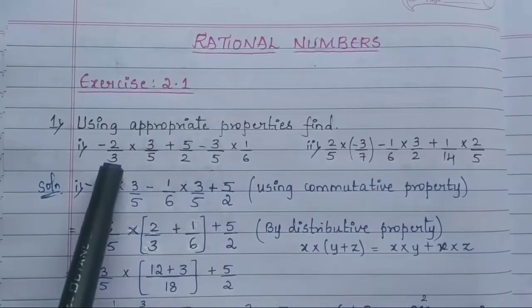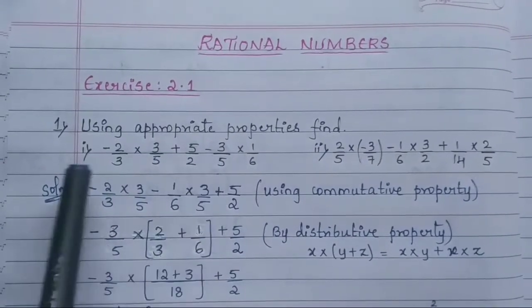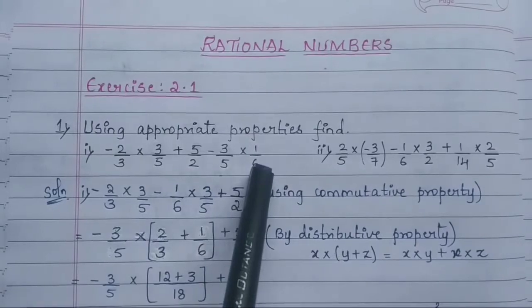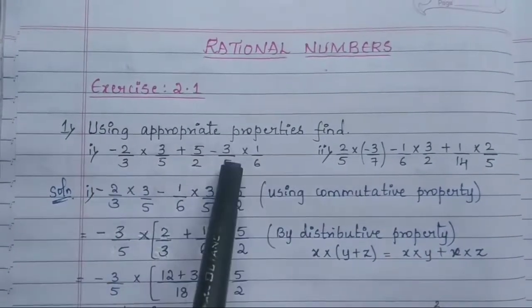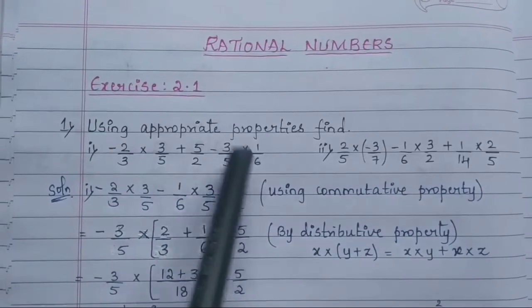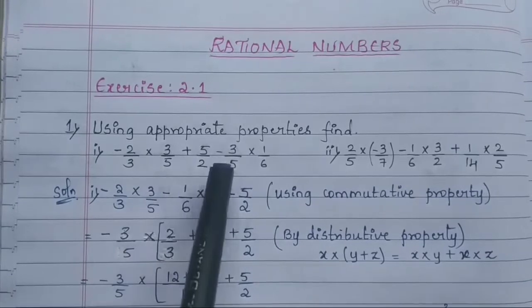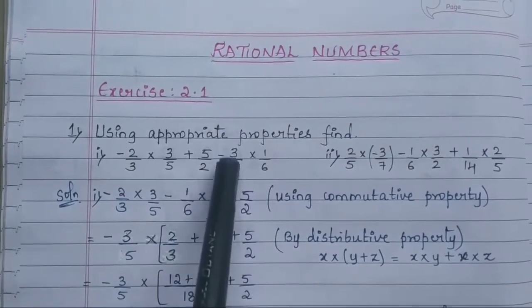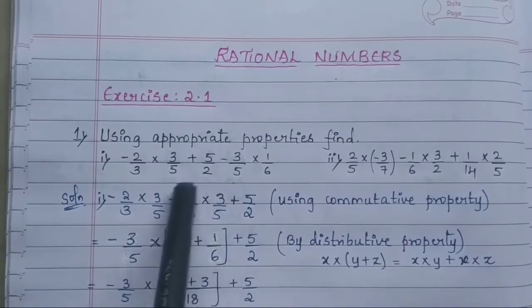As we can see here, 3 by 5 appears two times, and two multiplication signs are given, so we have to use properties to solve this. We can write minus 2 by 3 into 3 by 5 as it is, and this part, 3 by 5 into 1 by 6, we will bring here.